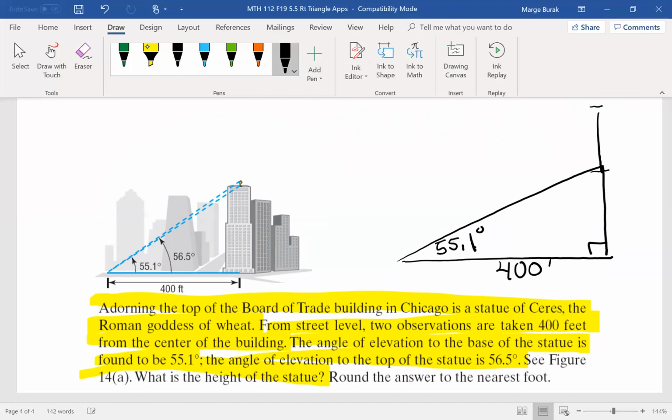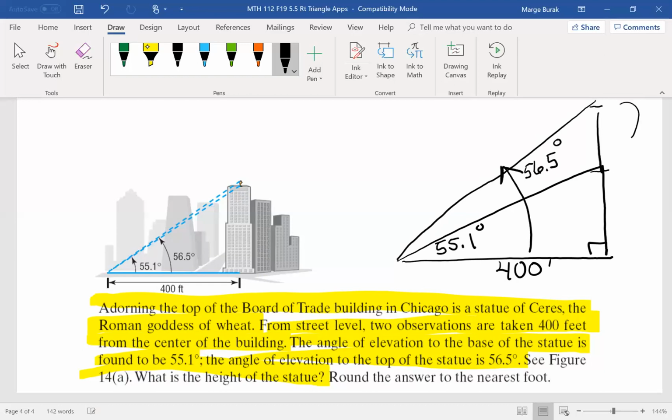Okay, and then to the top of the statue, that's going to be this one up here. So we've got a bigger triangle here, and this angle all the way here is 56.5 degrees. And that is this whole thing.